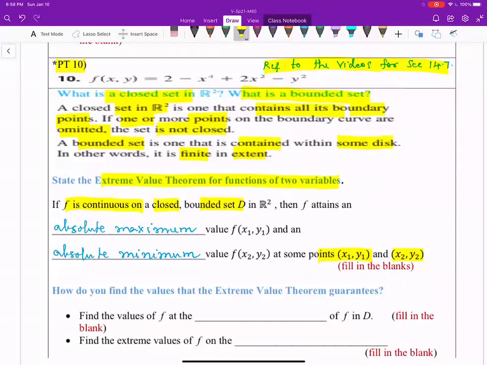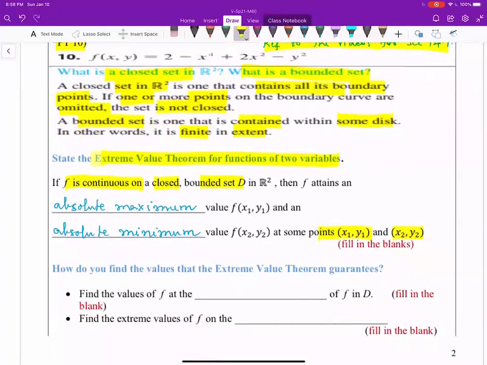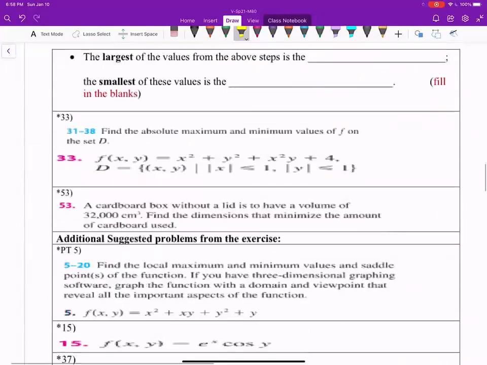Again, the extreme value theorem is only an extension of the extreme value theorem that you did in Calculus 1 for single variables.